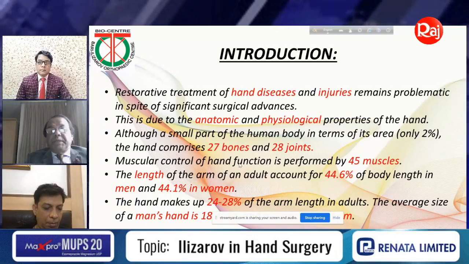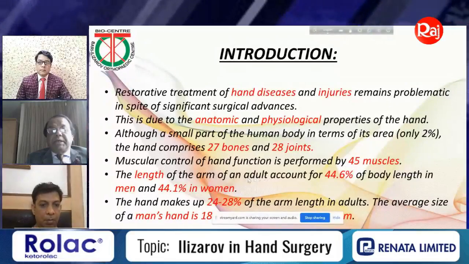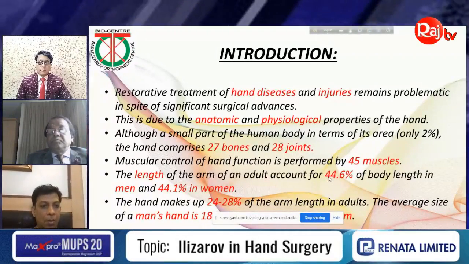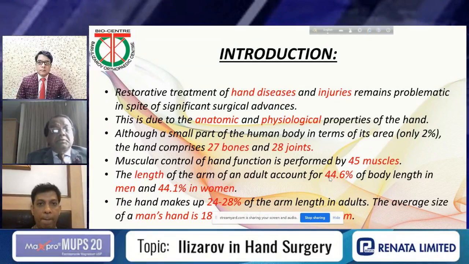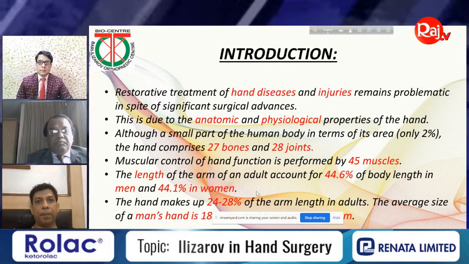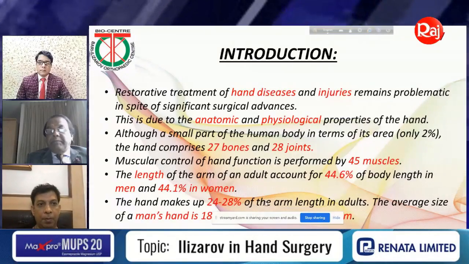Muscular control of the hand function is performed by 45 muscles. The length of the arm of an adult accounts for 44.6% of body length in men and 44.1% in women. The hand makes up 24 to 28% of the arm length in adults.